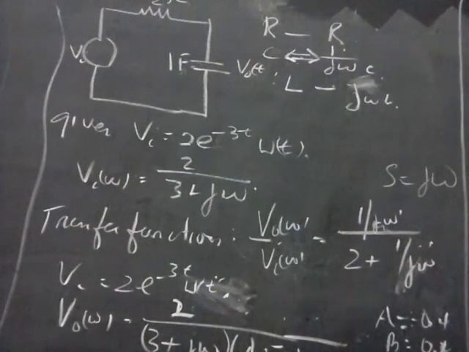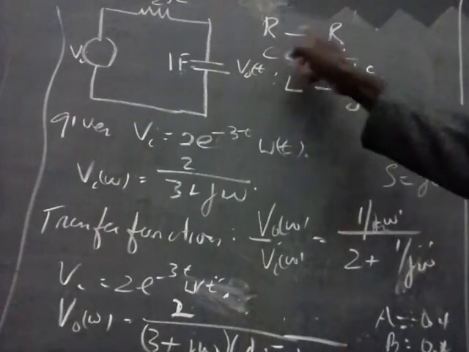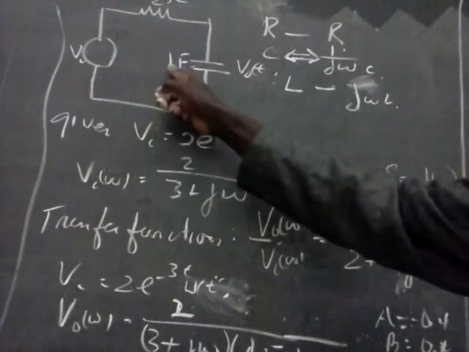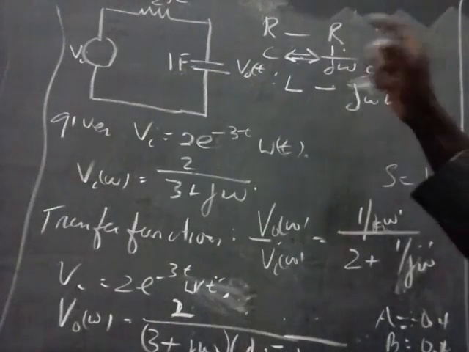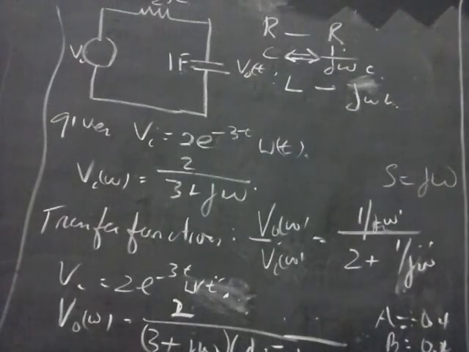So that is solving this circuit by using the inverse Fourier transform. The trick about it is that R remains the same, capacitance is 1 over j omega c, but c was equal to 1, so it's 1 over j omega. Inductance, if we had it, would have been equal to j omega L, but there was none in this circuit.